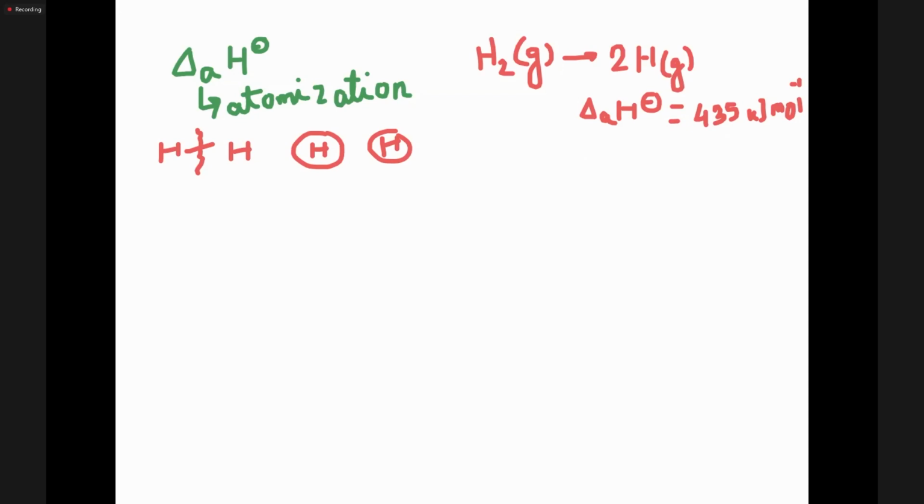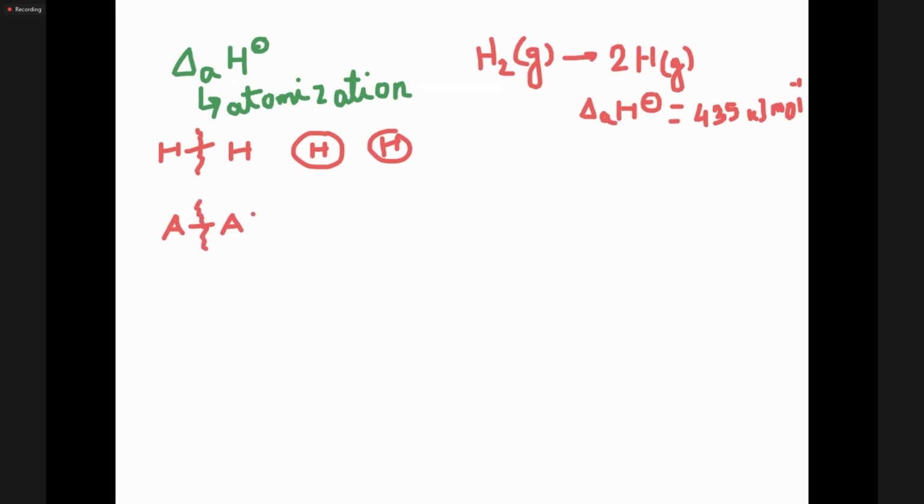Now, in the case of diatomic molecules like dihydrogen, that is the example we are giving over here, the enthalpy of atomization is also termed the enthalpy of bond dissociation. So the bond dissociation enthalpy and the atomization enthalpy will be very much the same in the case of diatomic molecules. Suppose we have a diatomic molecule A2. So we have an A-A bond and we have to cleave this bond.